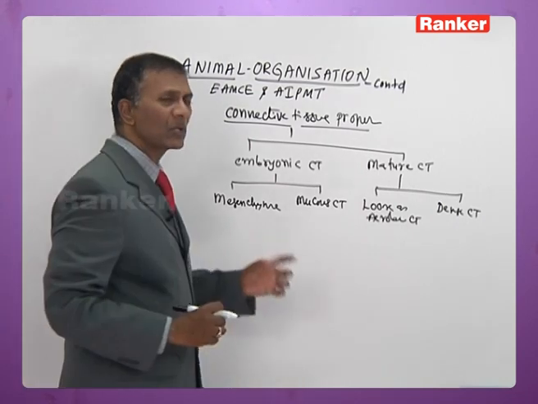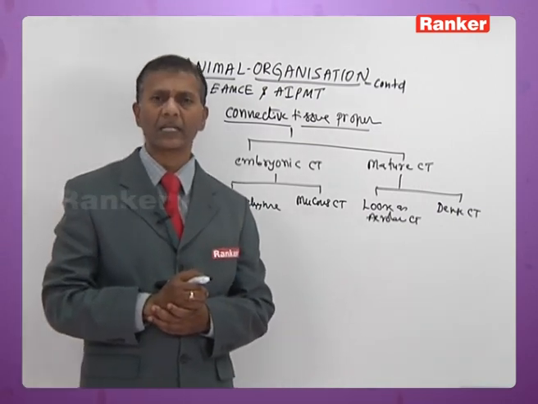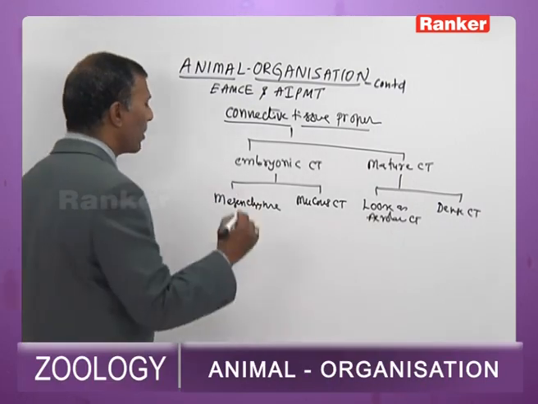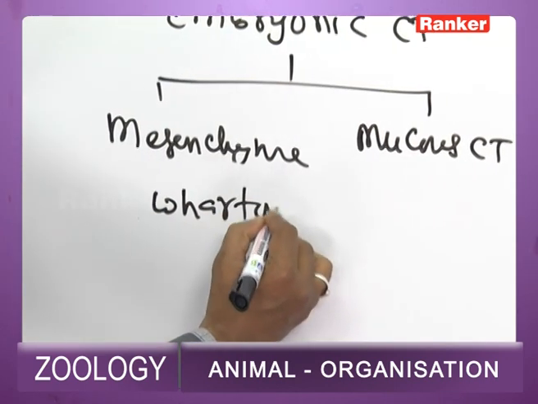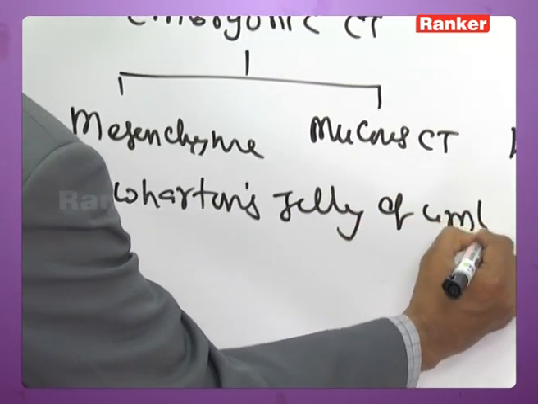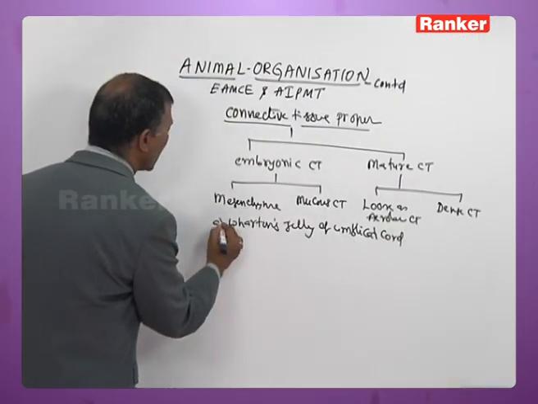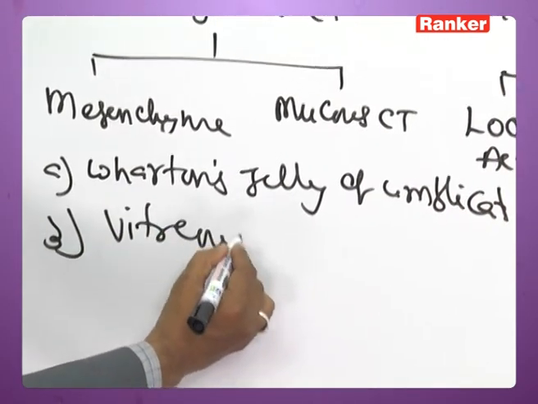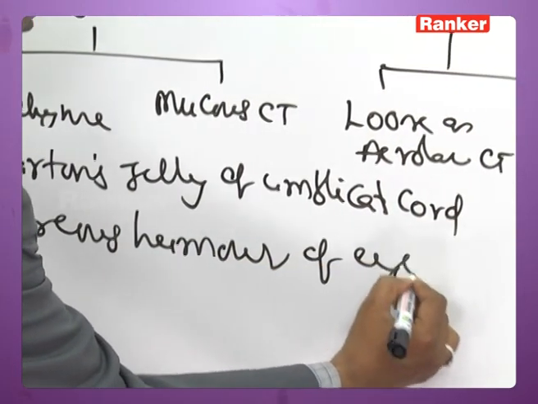Now, what are the examples for mucous connective tissue as far as EAMCET, AP EAMCET or any other exam is concerned? Examples are important for the mucous connective tissue. The most important example is Wharton's jelly present in the umbilical cord. Then the vitreous humor present in the eyeball is also mucous connective tissue.